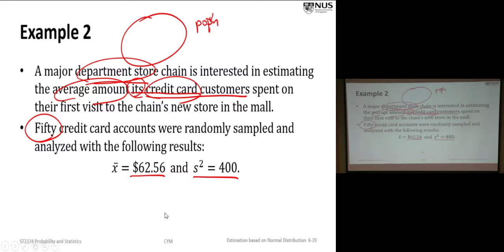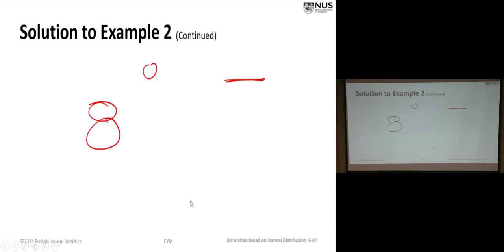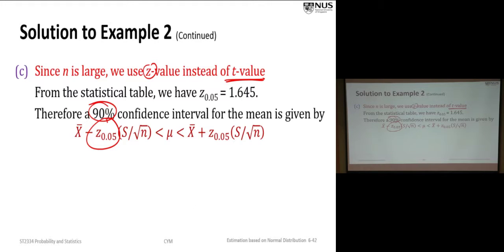Do we assume that the data is from a normal distribution? In fact, we don't make that assumption. We just apply the central limit theorem, then we still use the Z here.